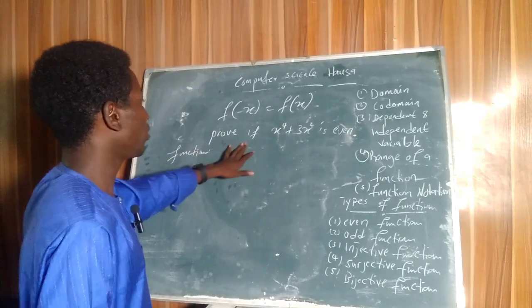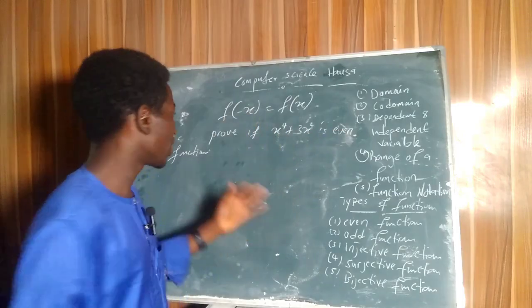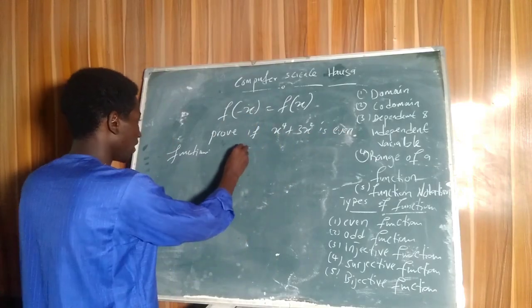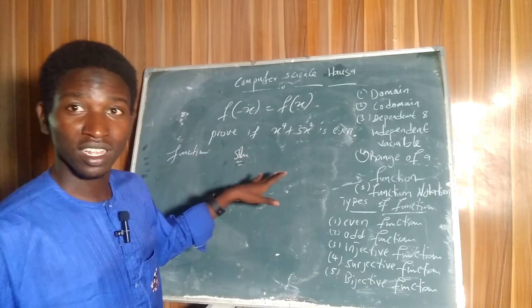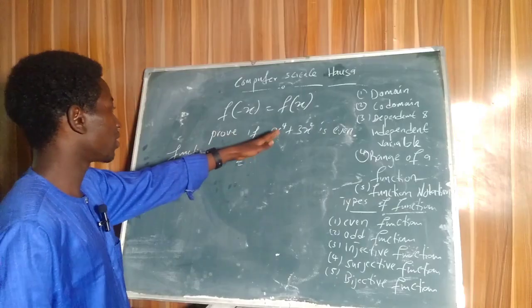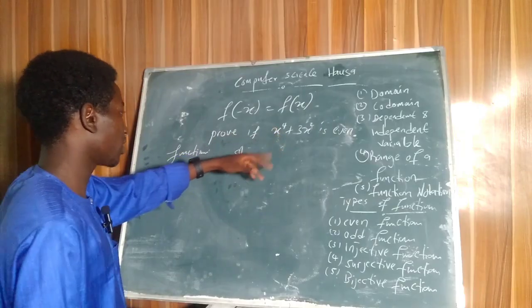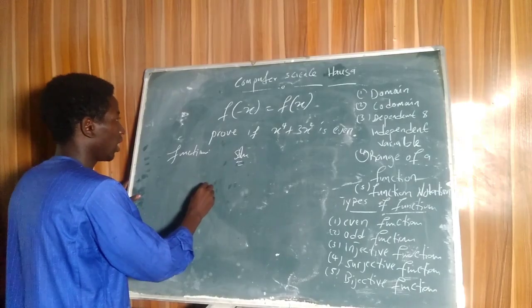So how do we do this? We say bismillah, since the solution is the bismillah of mathematics. To prove if x to the fourth plus 3x squared is even, we take our expression as f of x.